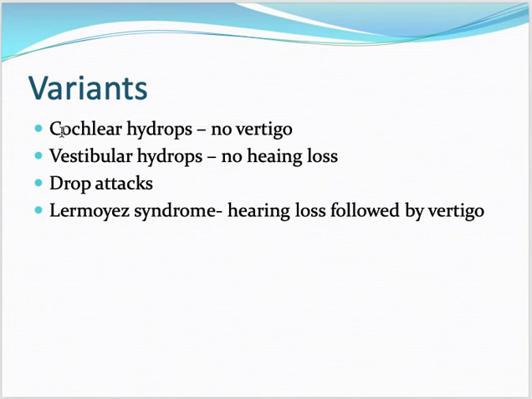So in cochlear hydrops they have the hearing problem but no vertigo, and in vestibular hydrops they have vertigo but no hearing loss.